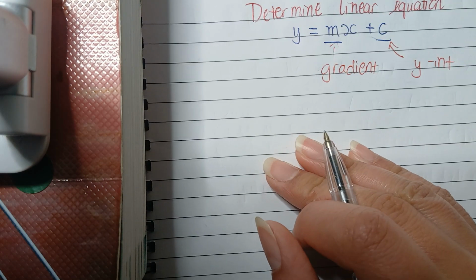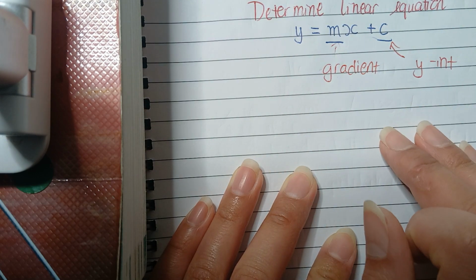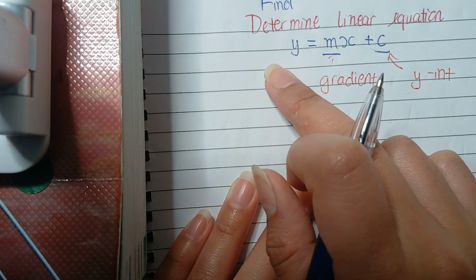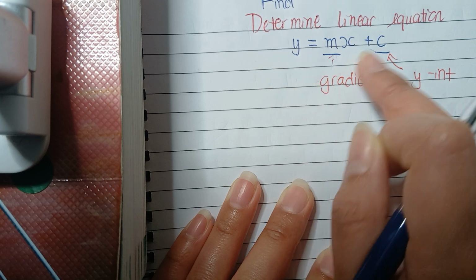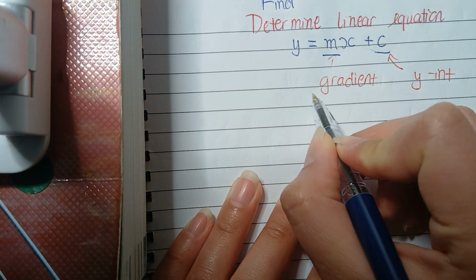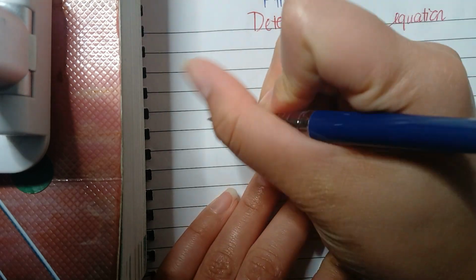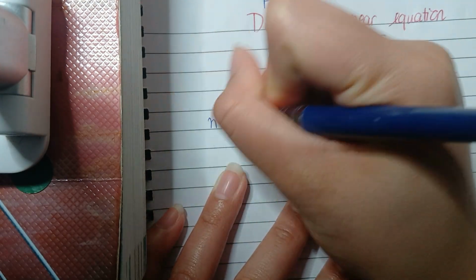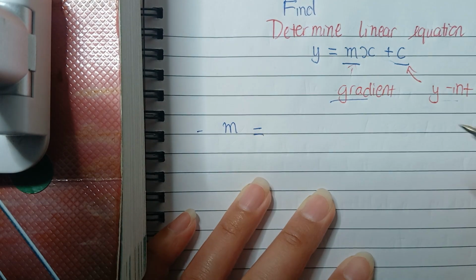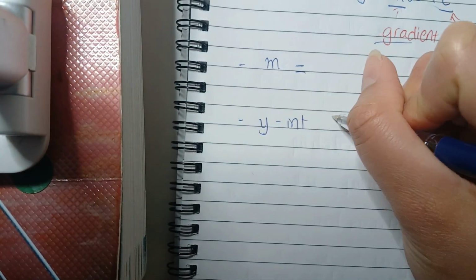So if the question asks you to determine a linear equation, it means that you're going to write down the general form of the linear equation, which is y equal to mx plus c, and you need to find the gradient and the y-intercept. There are two key pieces of information you need to look for: gradient m, and y-intercept, which is c.